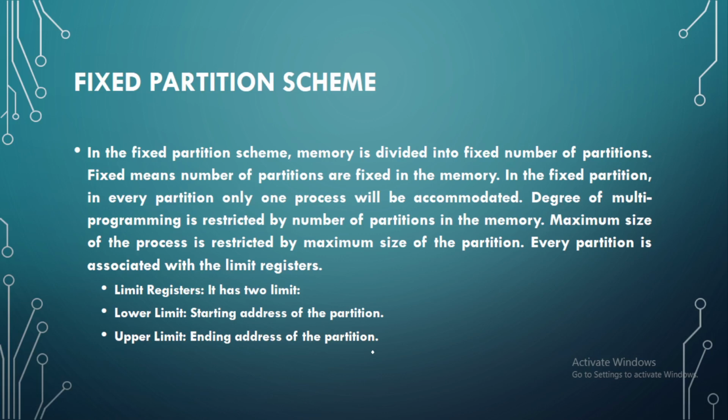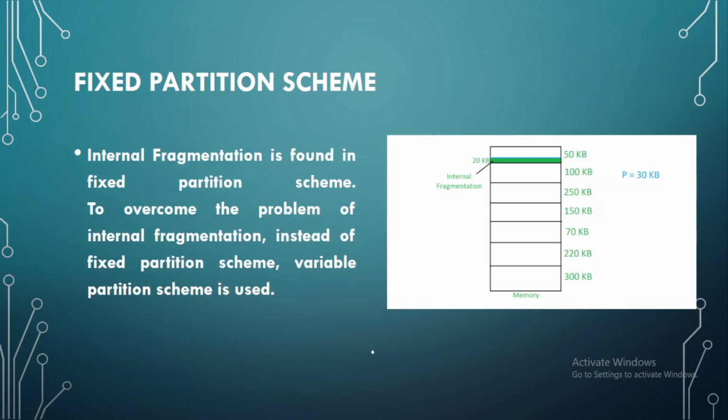Every partition is associated with a limit register, and the limit register has two limits. One is the lower limit, which is the starting address of that partition, and the other is the upper limit, which is the ending address of that particular partition. Internal fragmentation is found in the fixed partition scheme.